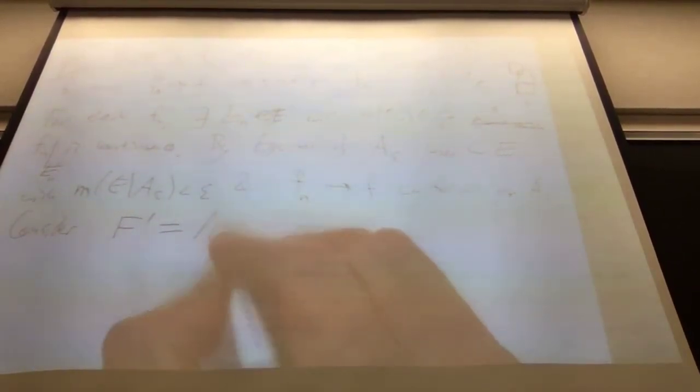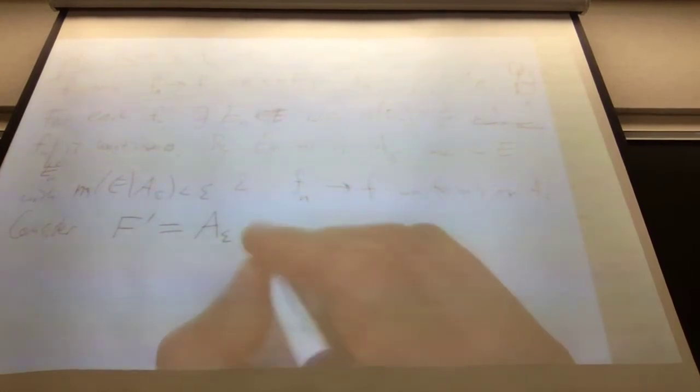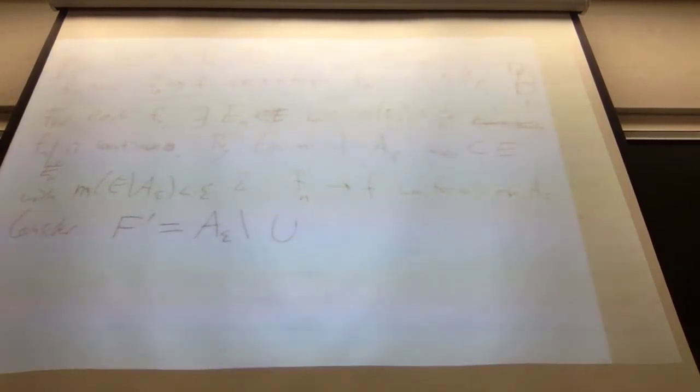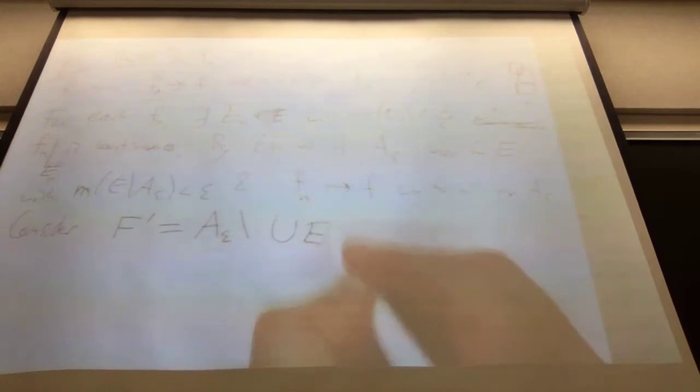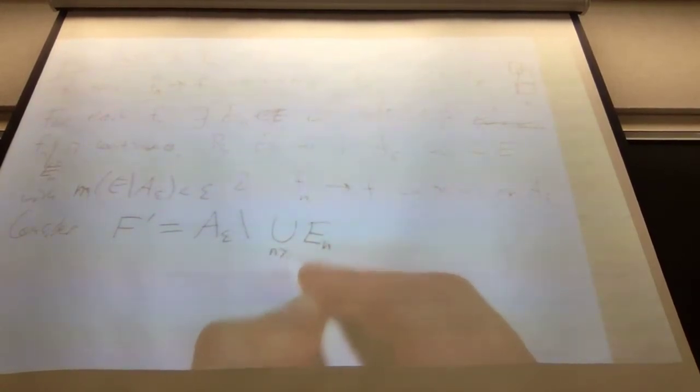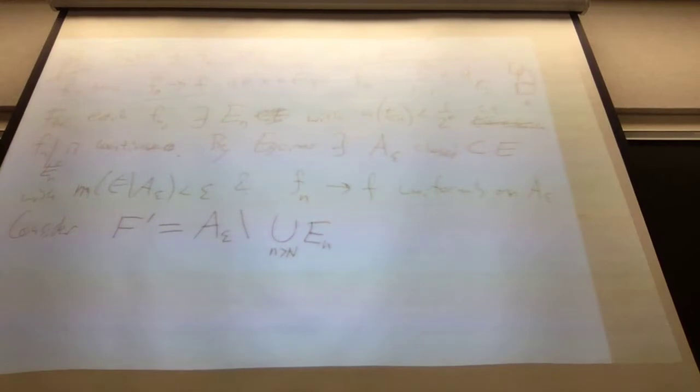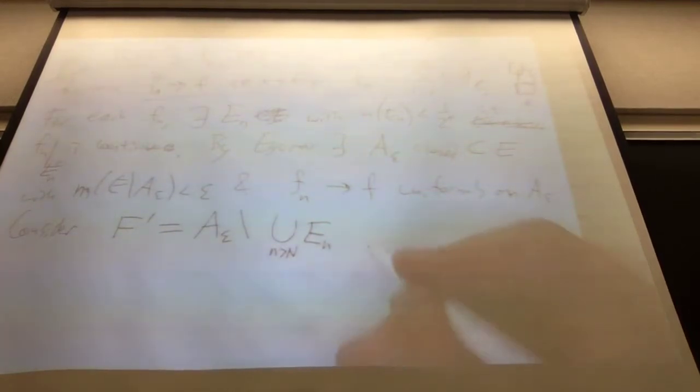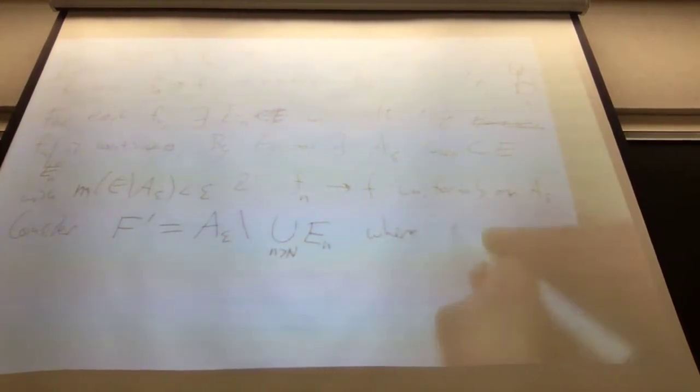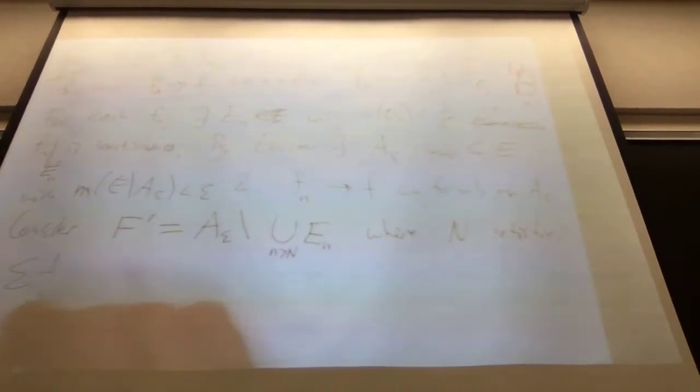This is A epsilon, take away the union over all of these bad E_n for n starting at capital N, where capital N is determined as before, where capital N satisfies that the sum of 1 over 2 to the n, for n bigger than capital N, is at most epsilon over 2.